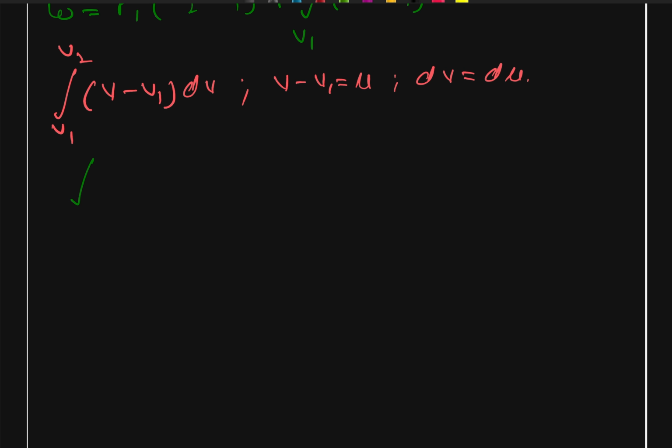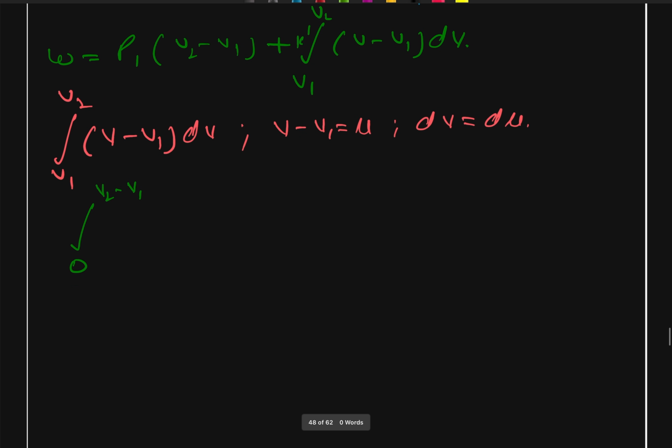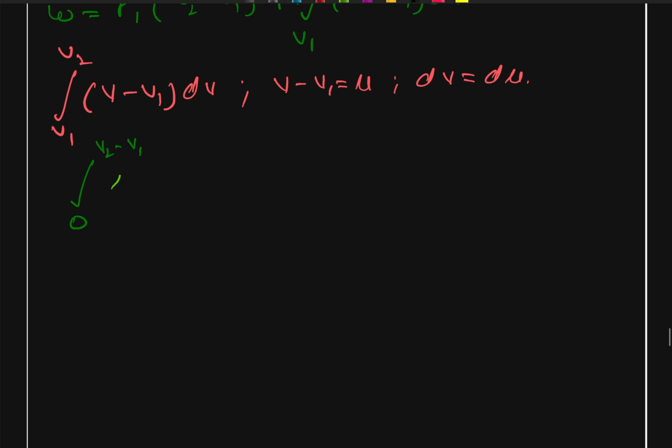V goes from V1, so U is equal to 0, and then V2 minus V1. We have the integral of U dU, which comes as U square by 2, from 0 to V2 minus V1, which comes as 1 by 2 times (V2 minus V1) whole square.